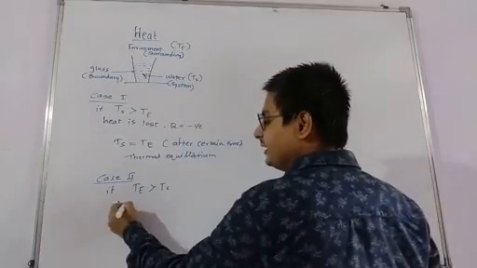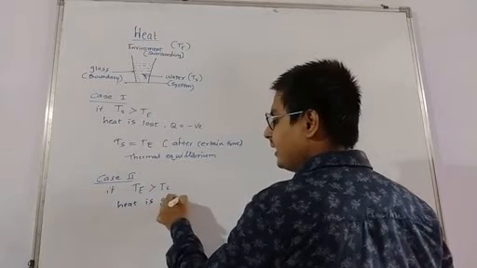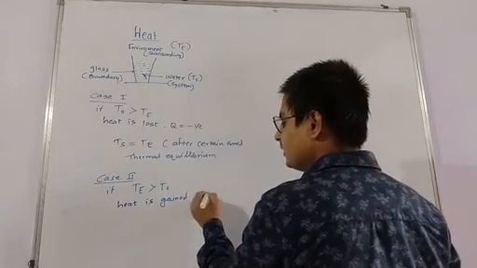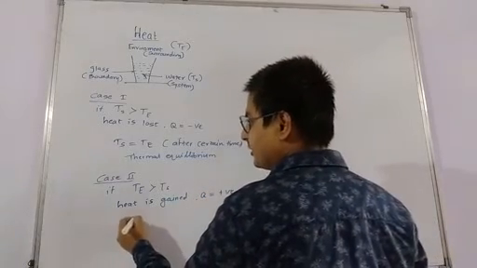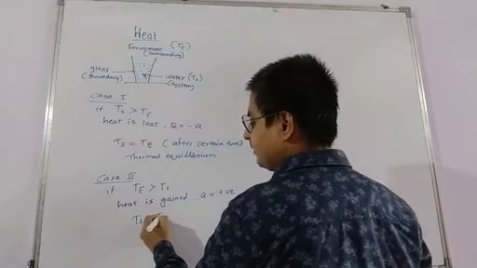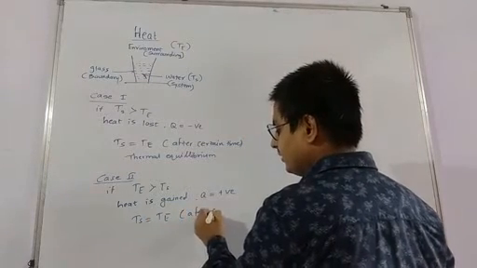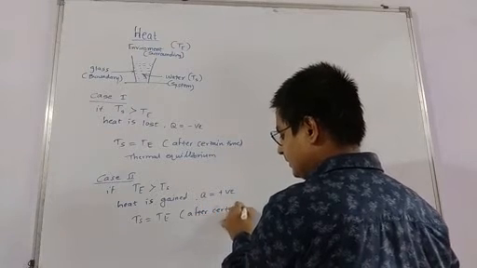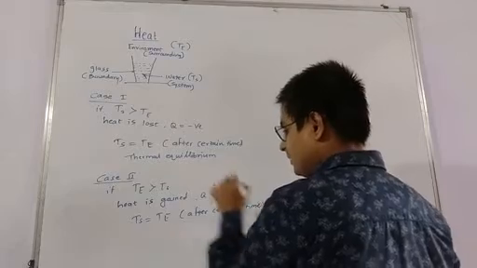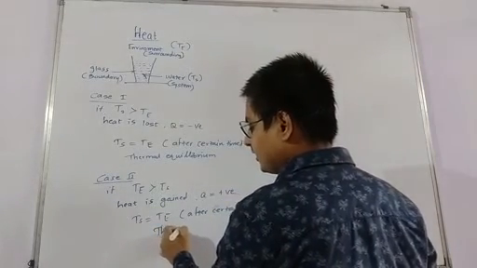So heat is gained by the system, so Q is positive. After a certain time Ts will become equal to TE. Such a case is called thermal equilibrium.